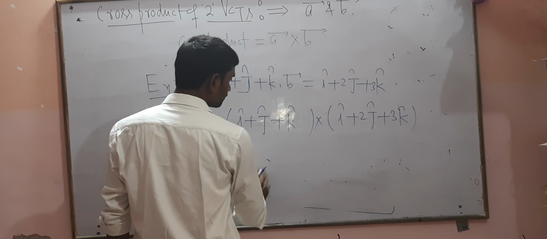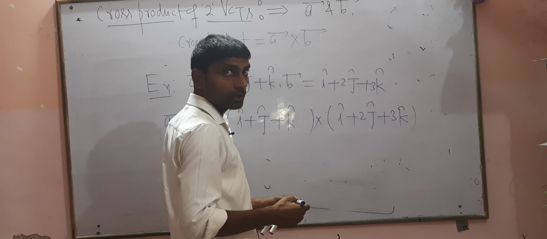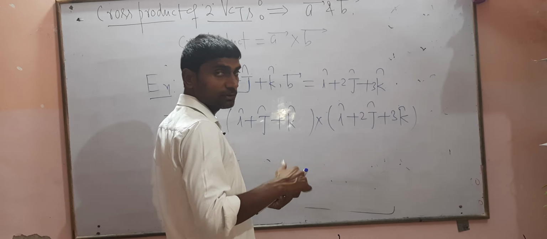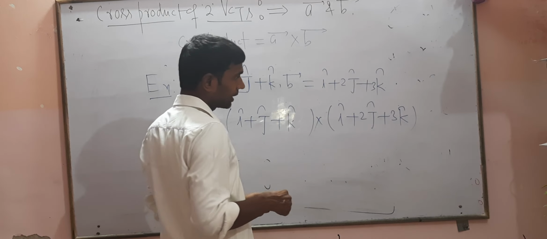Okay? A cross B is not equal to B cross A. If the position is changed, then the negative sign comes out.